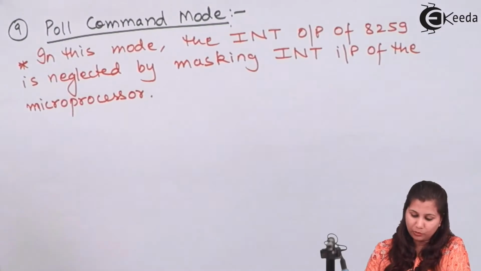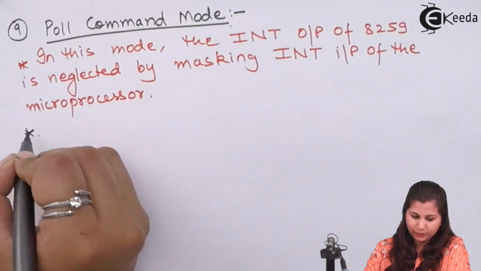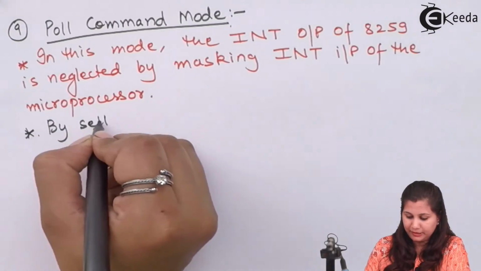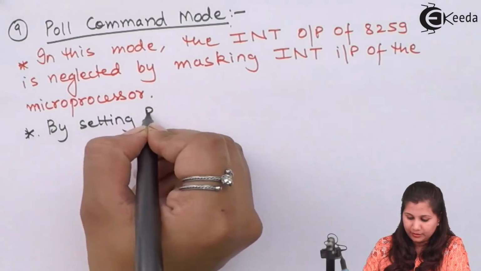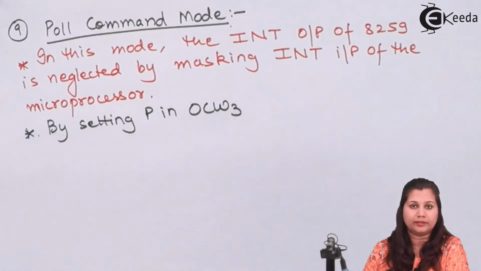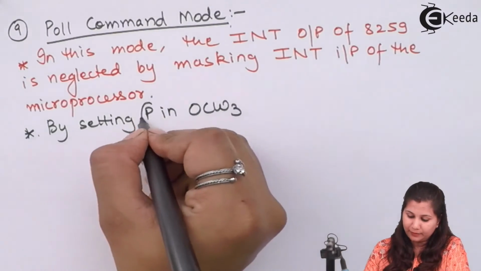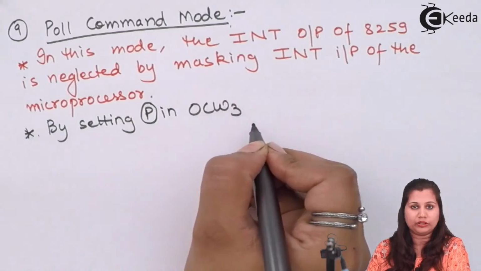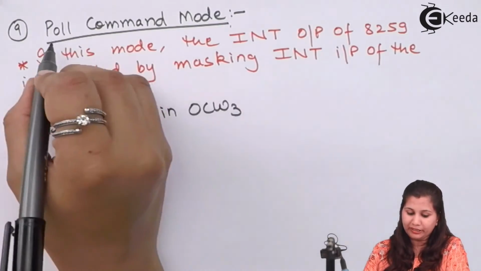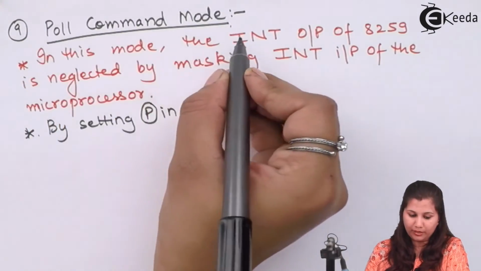Now this mode is selected by setting the P bit in operational command word 3. This P is a bit in the operational command word 3, and when this bit is set, then the 8259 works in the hold command mode.